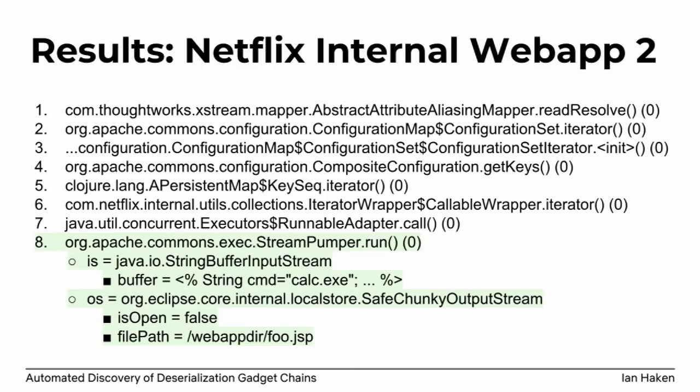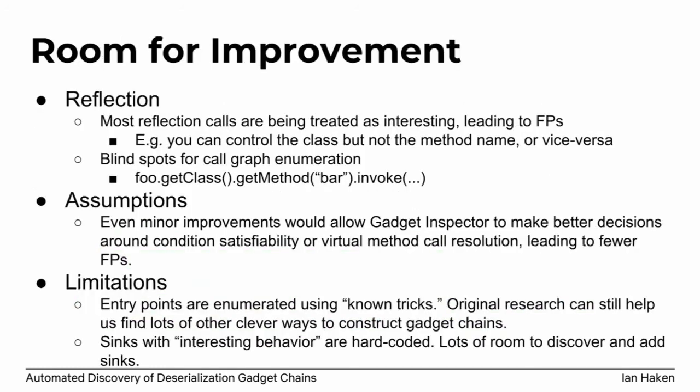So there's a small tweak you can do on this where you specify an arbitrary string as your input stream, and then an arbitrary file path as your output stream, and now I can write an arbitrary string to a JSP file and get RCE with this gadget chain. So this was even worse than what Gadget Inspector originally thought it was. And so that's amazing. This thing was able to tell us in the course of a few minutes that there was an RCE gadget chain in this app. So that is a huge win.